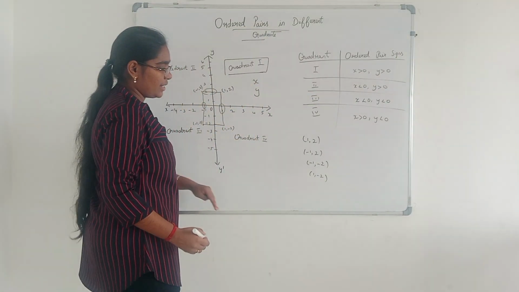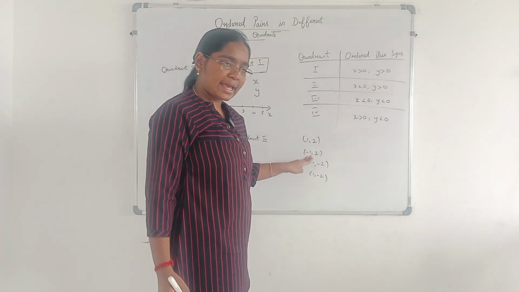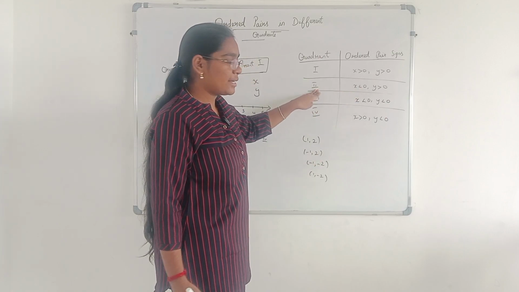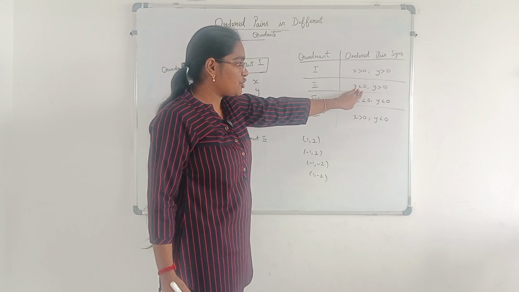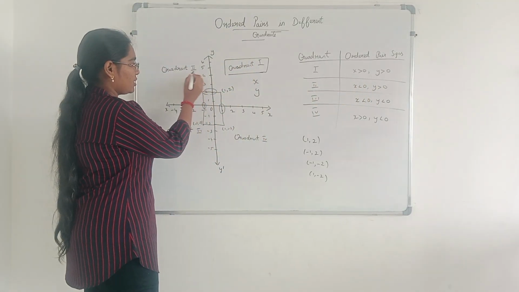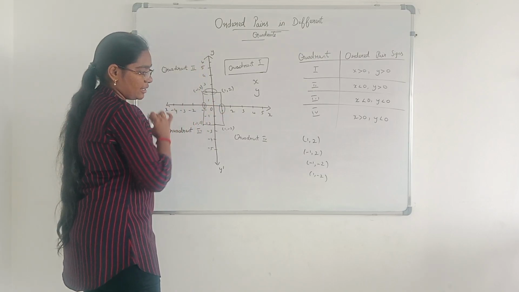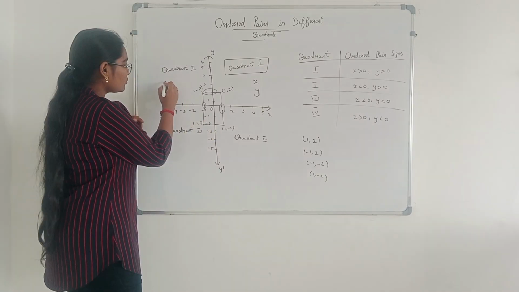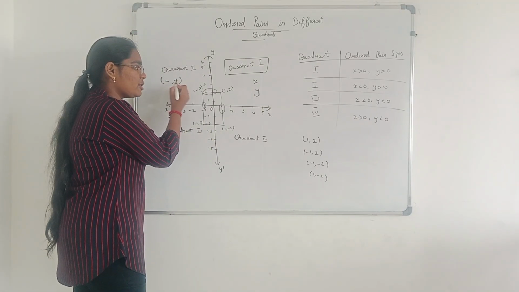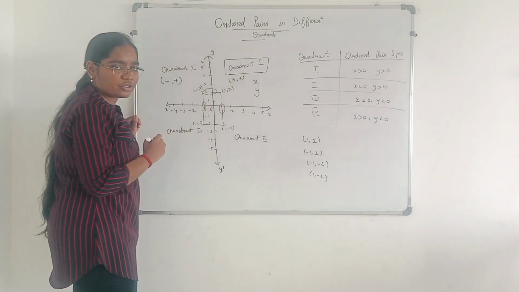Whereas in the second quadrant, -1, 2, x is negative and y is positive. That's why in quadrant 2, x is less than 0 and y is greater than 0. The first x value is negative and the y value is positive, whereas here x and y are both positive.